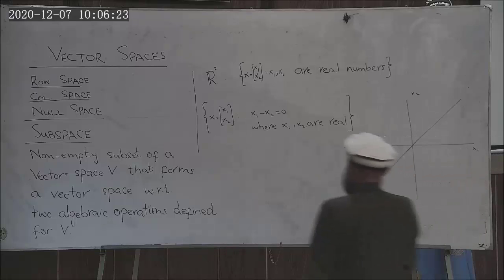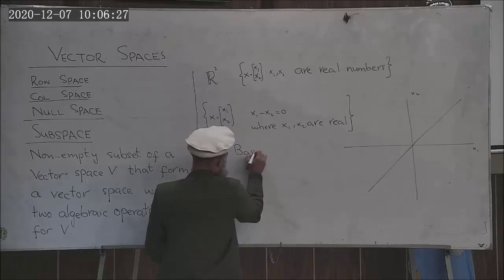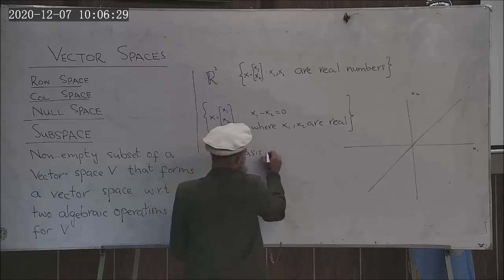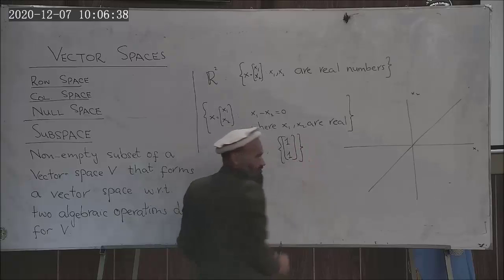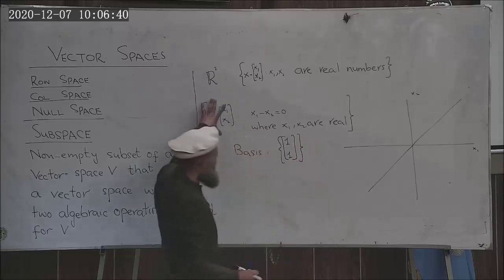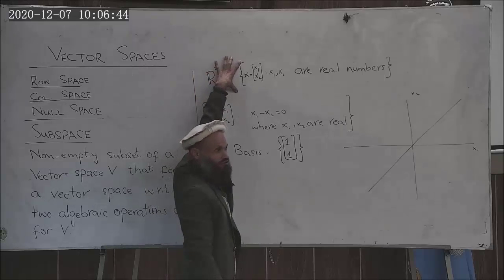So what is a basis for this subspace? Basis is (1, 1), for example, and basis, you know, is not unique. What is the dimension of this vector space? 1. What is the dimension of this vector space? 2.